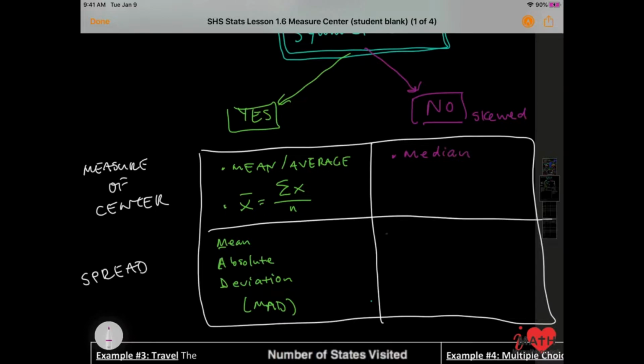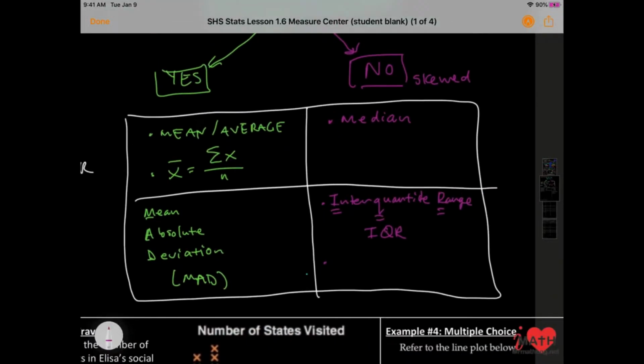And then something we're going to learn later on is called the interquartile range, which is abbreviated IQR.